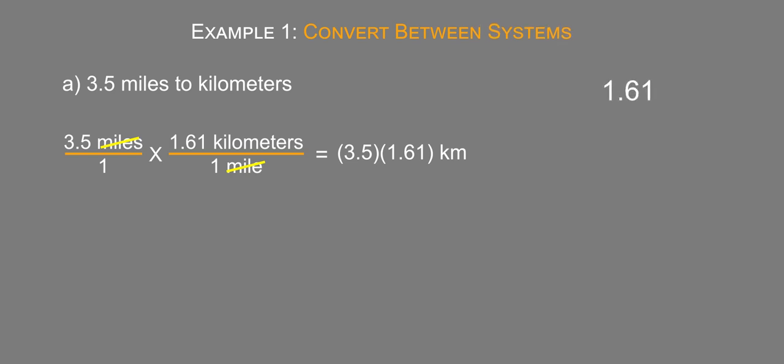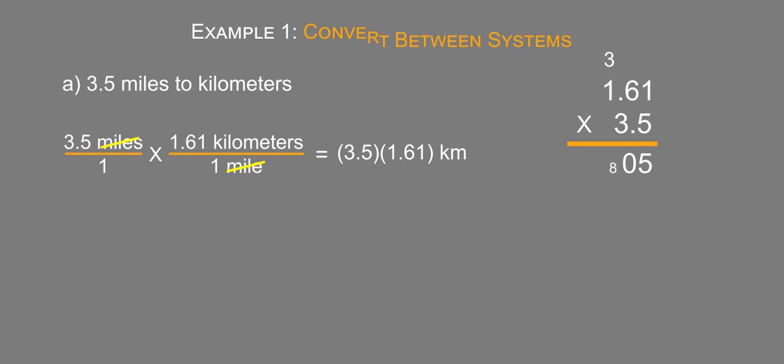We'll go ahead and multiply out 1.61 times 3.5. 1 times 5 is 5, 6 times 5 is 30, 0 down, carry the 3. 1 times 5 is 5, plus 3 is 8. Put a 0 here to move over. 3 times 1 is 3, 6 times 3 is 18, 8 down, carry a 1. 1 times 3 is 3, plus 1 is 4.